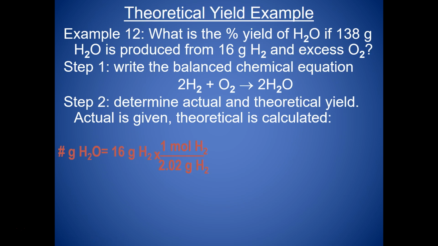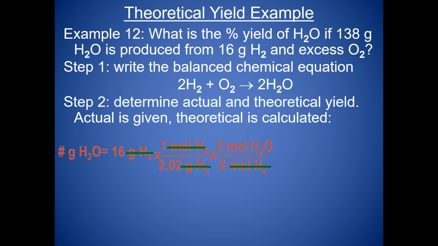So we take 16 grams of H2, we take the molar mass of hydrogen, 2.02 grams equals 1 mole. That means our grams have canceled out. We then use our mole ratio, 2 moles of H2 coming from right there, times 2 moles of H2O, because that's what the question wanted me to get my number in.